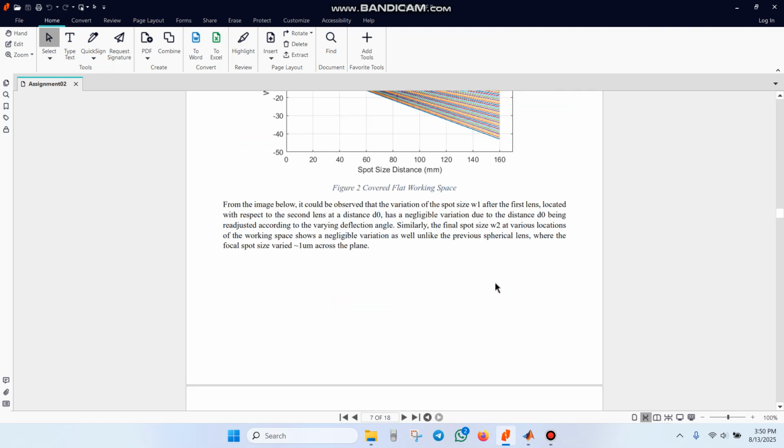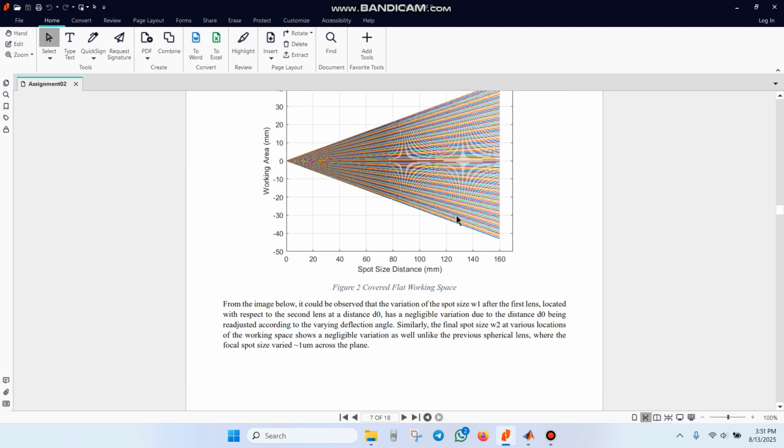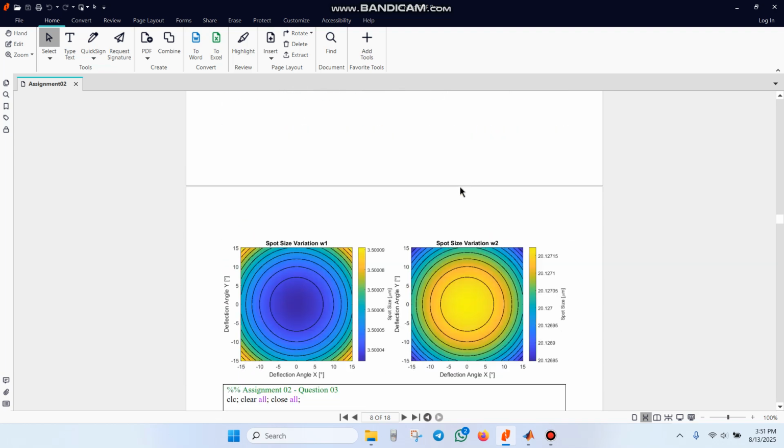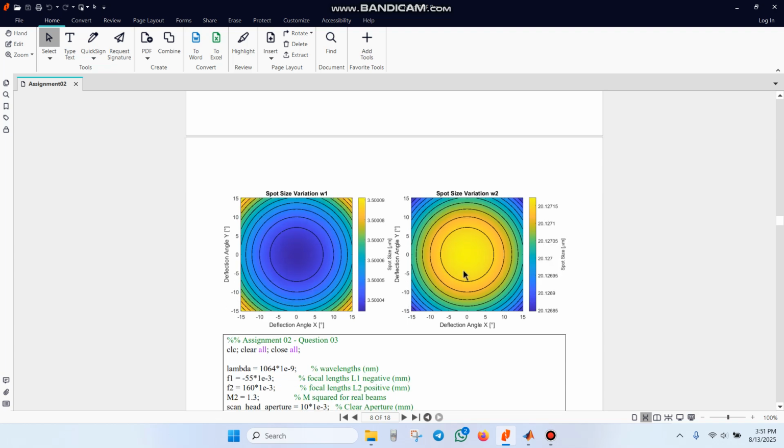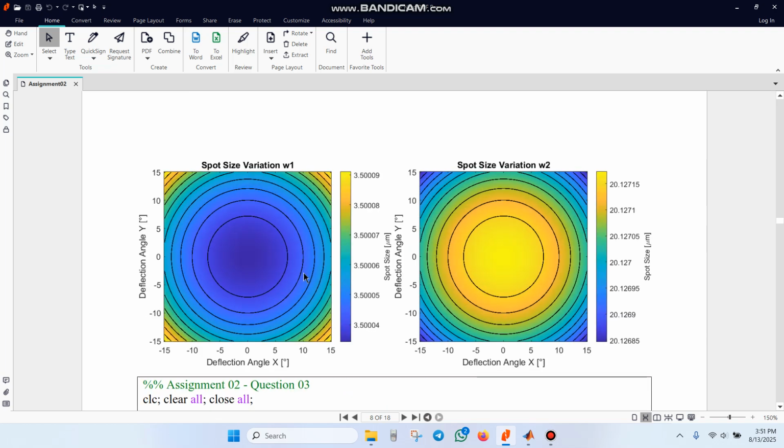And also, in order to compare it with the previous one, with the spherical lens, we again plot the contour for the final spot size, and it can be clearly seen that after the first lens, the change in spot size is almost negligible, which stays the same in the center as well as towards the corner, at about 3.5 micrometer. And from the second lens to the final spot on the working space, it also remains the same at around 20.1 micrometer.